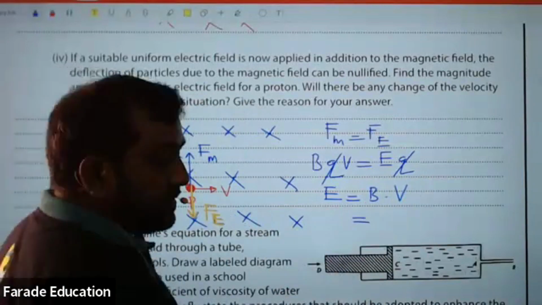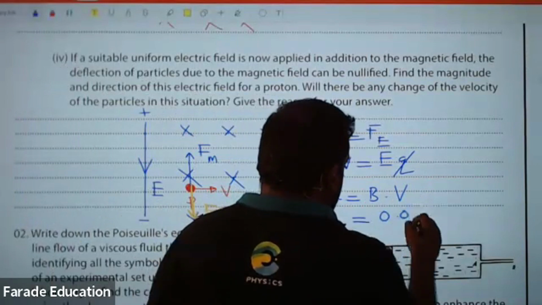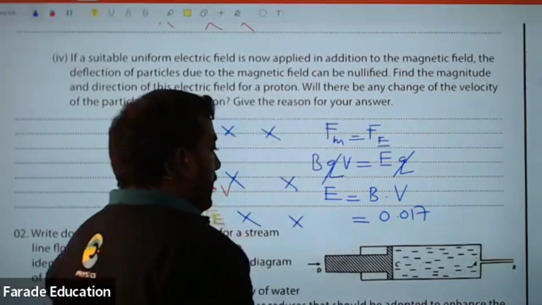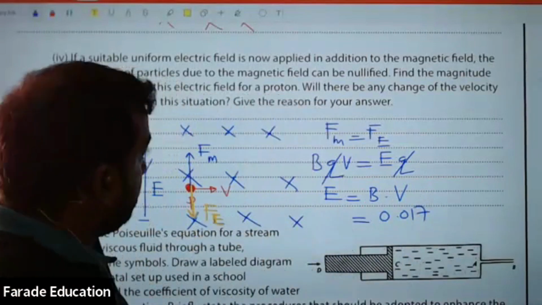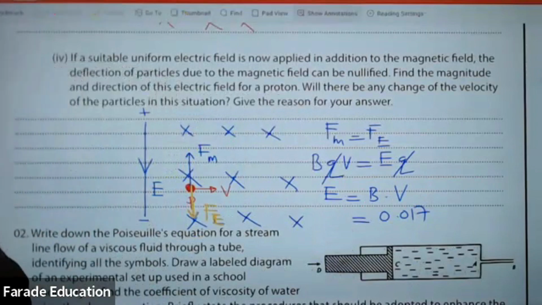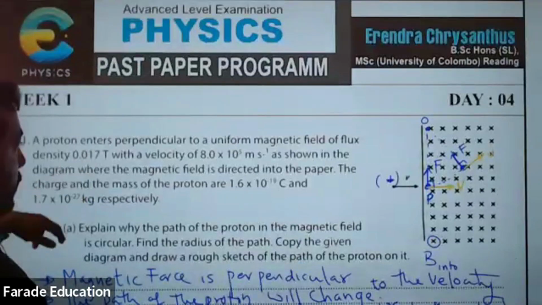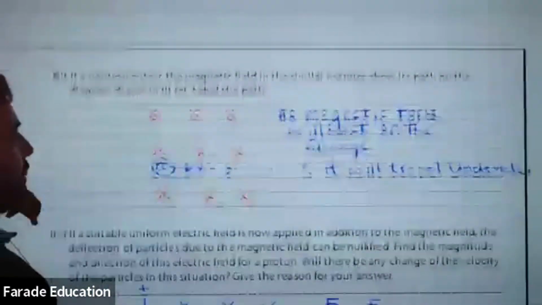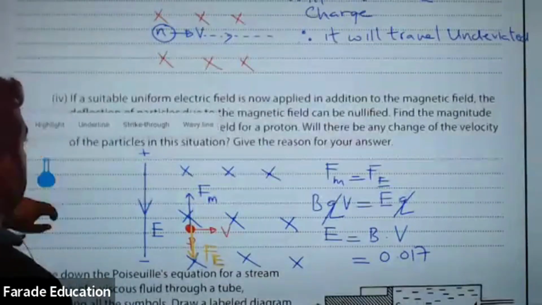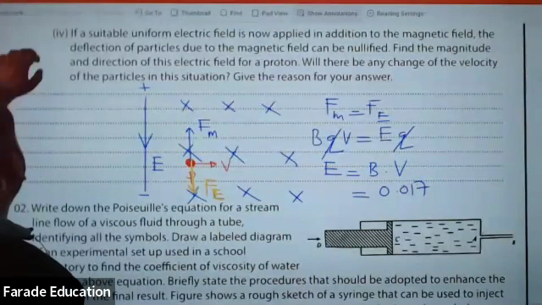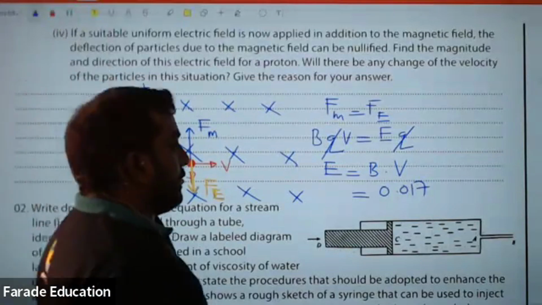So our magnetic field is how much? 0.017 Tesla, that was given earlier. Velocity is given.